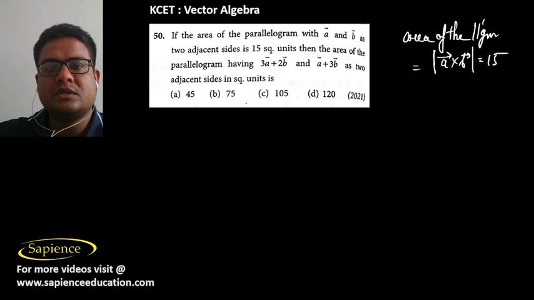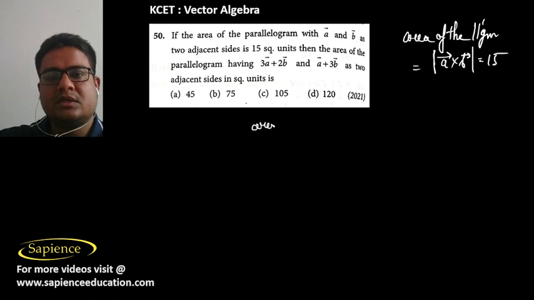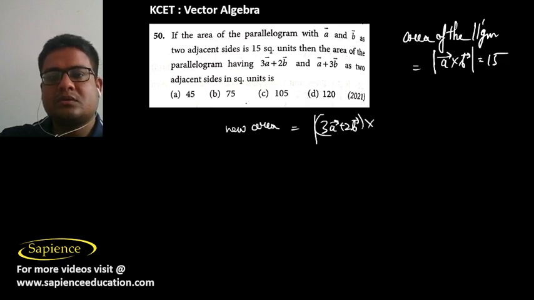Therefore, the new area is mod of 3A plus 2B cross A plus 3B.